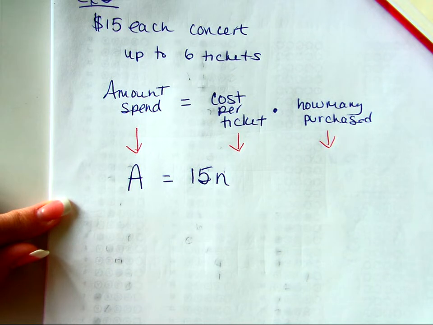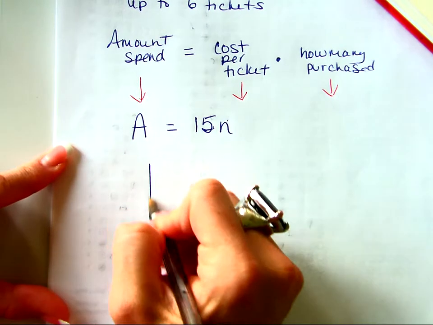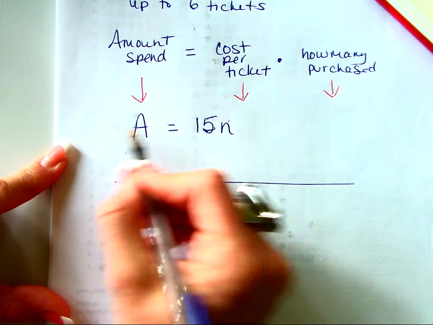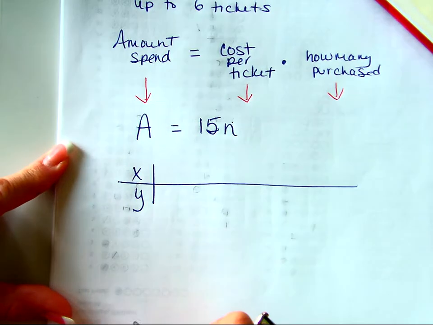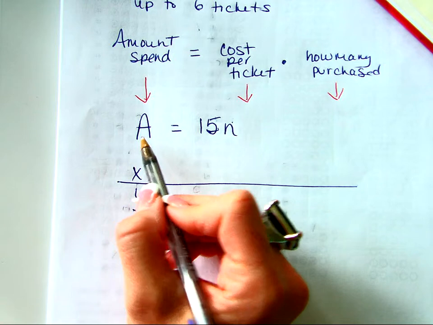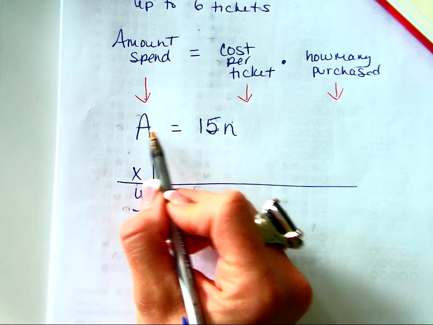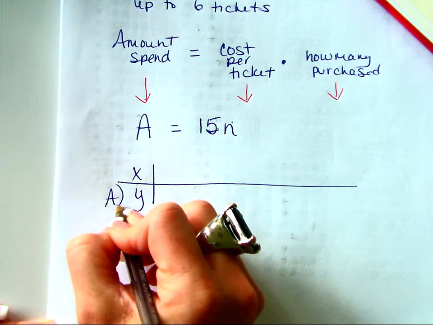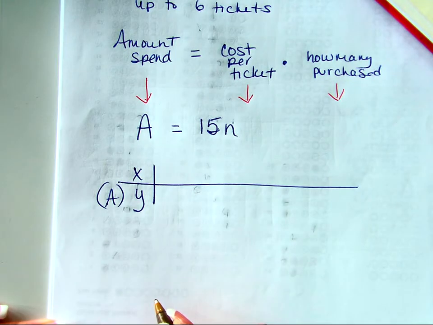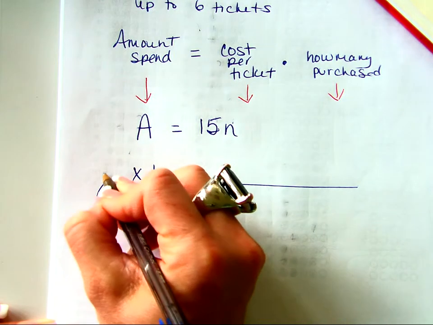Okay? Then it says to make a table based on this function, okay? And I know normally we would do an X and a Y, and I know that you guys know from last year that we always say the Y equals. So this Y is actually going to be our A, which is the amount that we spend. And our N is going to be the number of tickets.